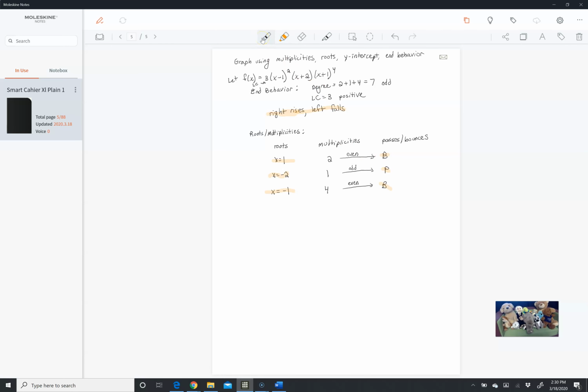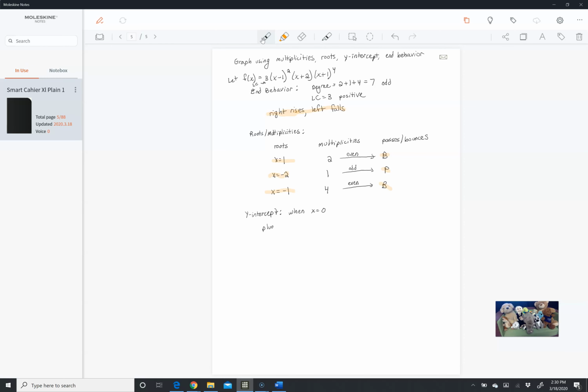And then the last thing is the y-intercept. So the y-intercept, again, it can just be helpful in telling us what's going on. So our y-intercept is when x is equal to 0.